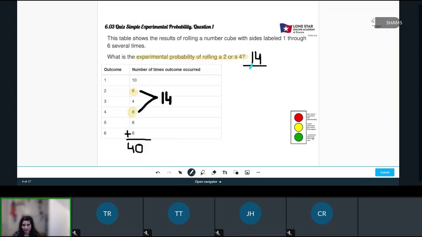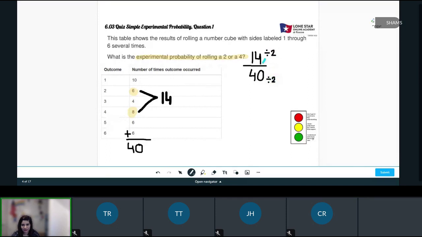In the 40 tries, they get a 2 or a 4 14 times. Remember, in probability, it is important that you respond in simplest form, and both are even numbers that can be simplified by 2. Everybody go simplify and see how much your answer looks like.